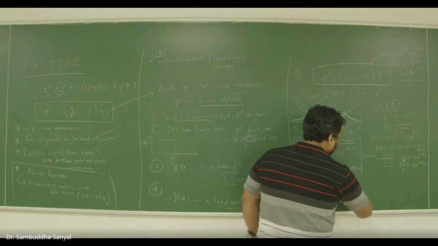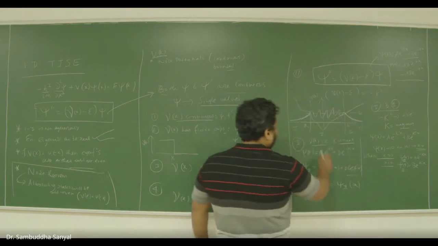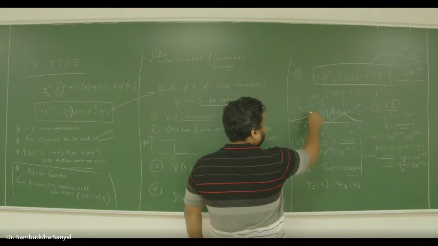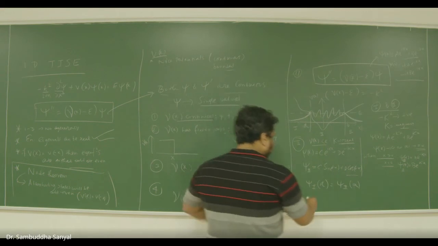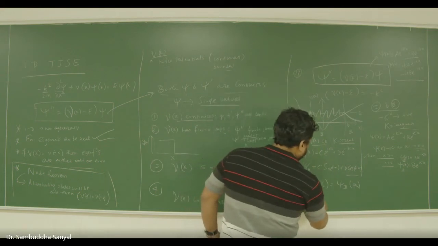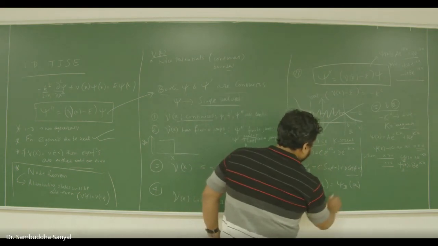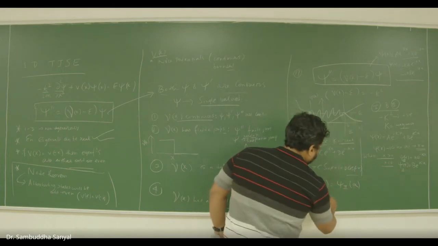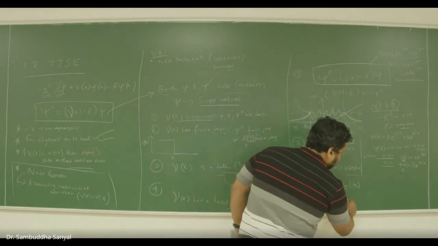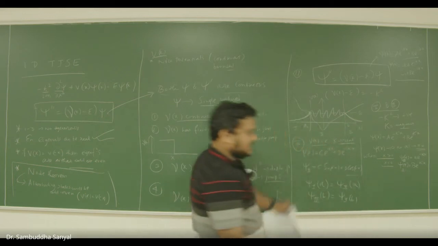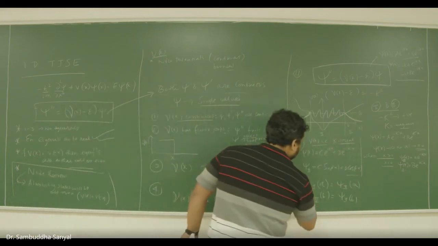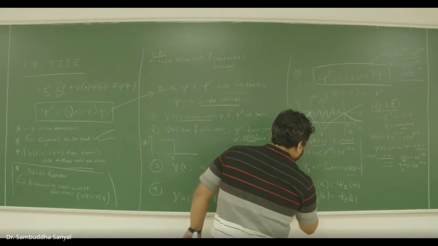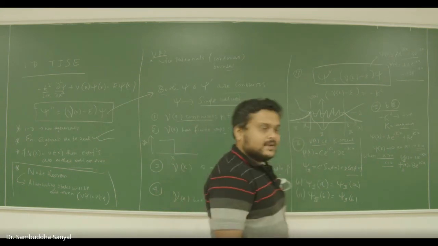It should be psi 1 at A must be equal to psi 2 at A. So 1 and 2 must match at this point. And similarly, psi 3 at B must match psi 2 at B. So this gives me two criteria. Let me write this as 1, this as 2. Now the derivative must also match.